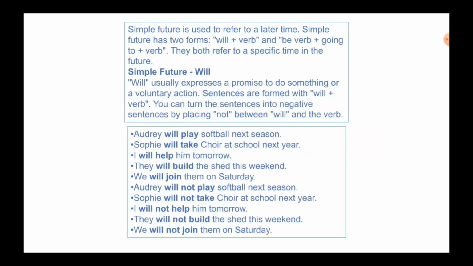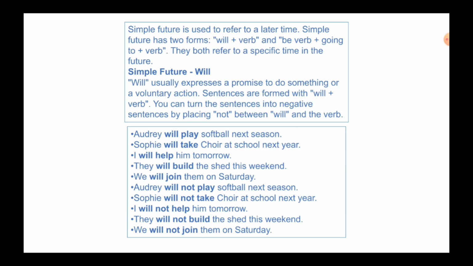Next tense, simple future tense. Simple future is used to refer to a later time. Simple future has two forms: will plus verb, and be verb plus going to plus verb. They both refer to a specific time in the future.